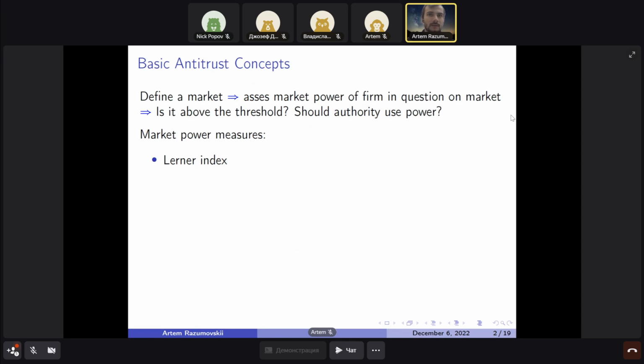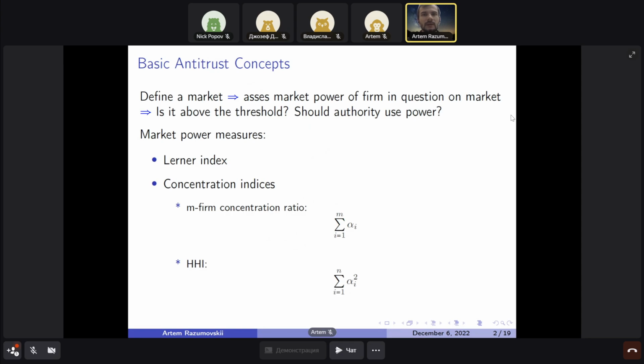And what are the standard indexes which provide measures of the market power of the firm? We already saw something like the Lerner index during our classes, and we saw that it's a bit different because now there are network effects inside.